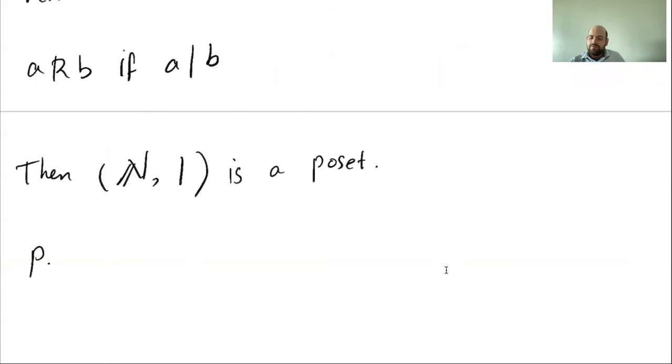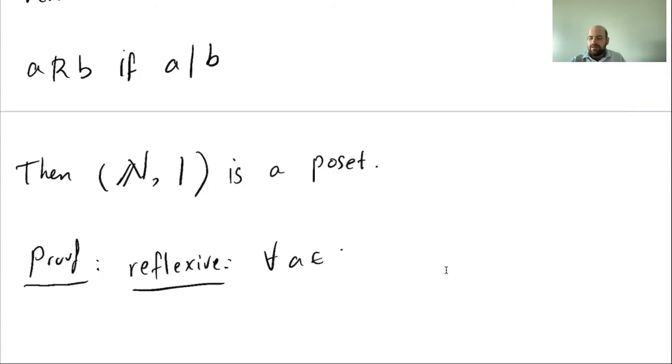So the proof. Again, we have to show that the relation is a partially ordered relation, meaning that it's reflexive, transitive, and antisymmetric. So reflexive: for every A in N, we can say that A divides A. So that means for every A in N, A is in relation with itself.